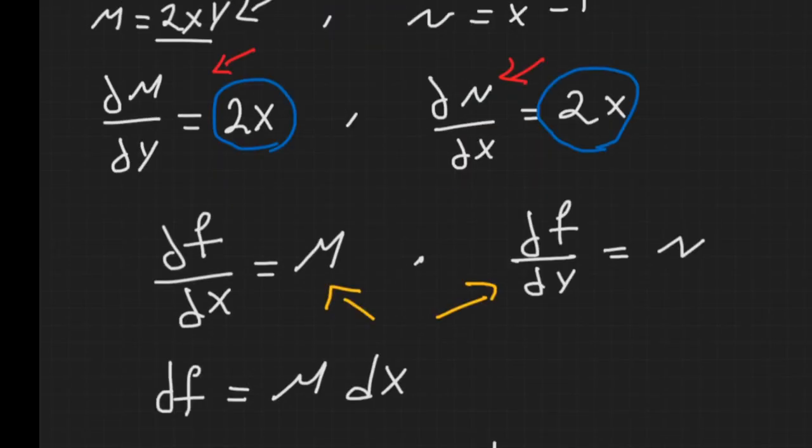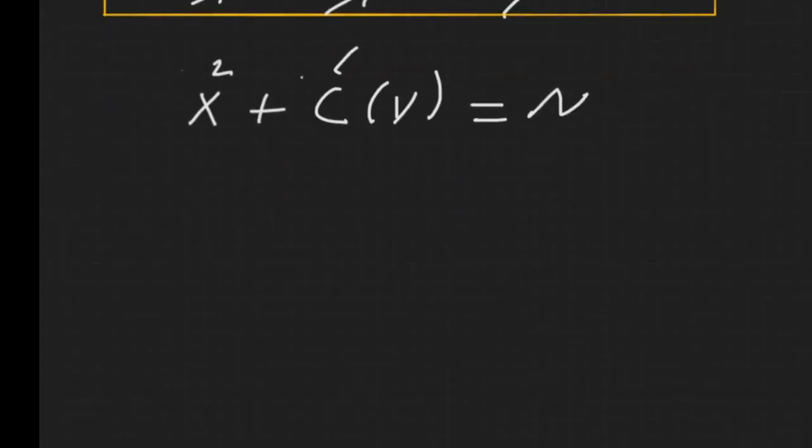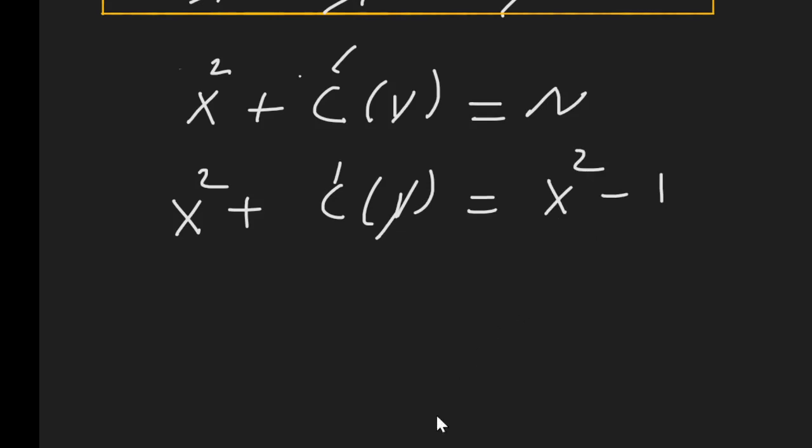Well, n again is x squared minus 1. So again we're going to say this is x squared plus c prime in terms of y, and this equals x squared minus 1. Now you can say that these two will cancel obviously, and you'll have c prime in terms of y equals minus 1.